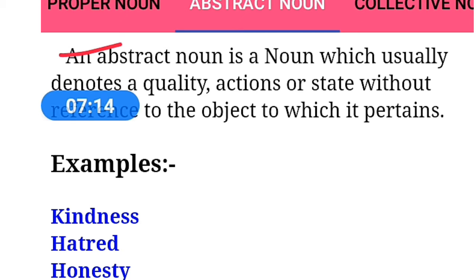An abstract noun is a noun which usually denotes a quality, action or state without reference to an object to which it pertains.